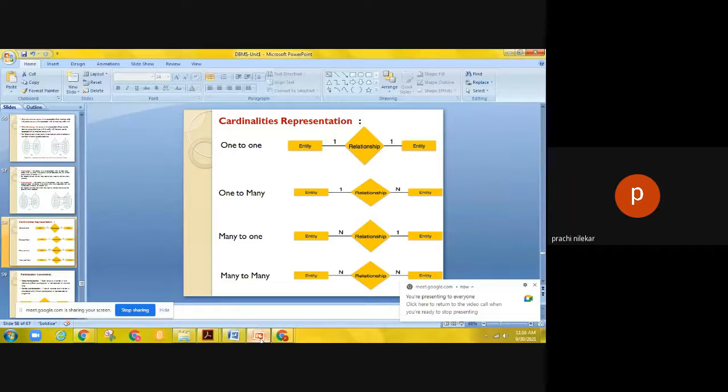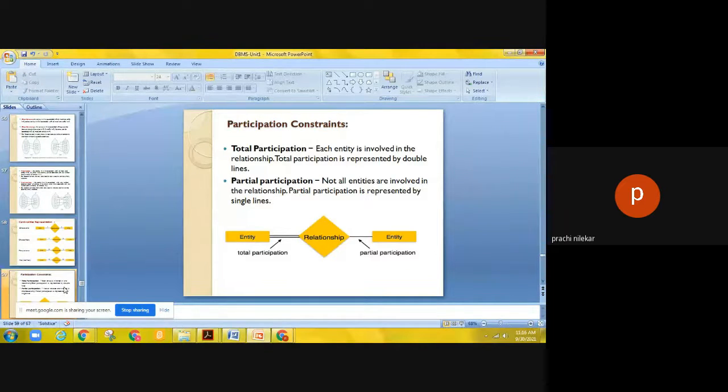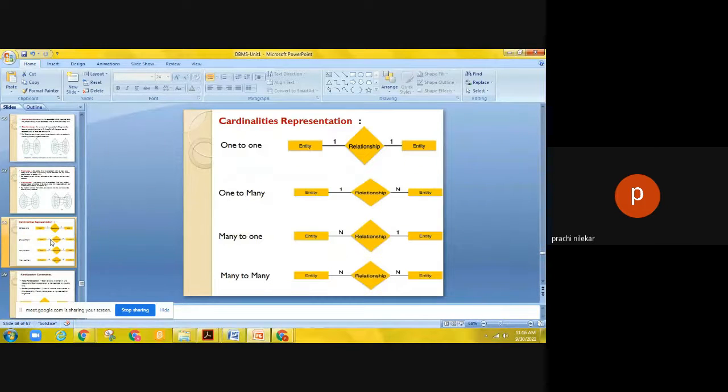If it is one to many, then on the left-hand side we write 1 and on the right-hand side we write n. For many to one, n on the left-hand side, which represents more than 1, and 1 on the right-hand side. And for many to many, n to n. Draw these diagrams.